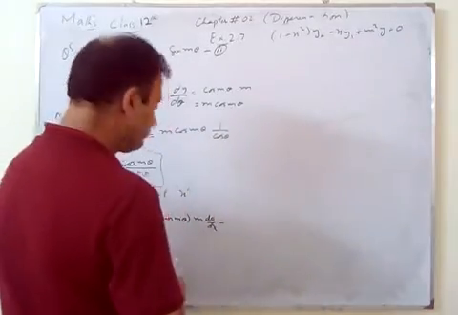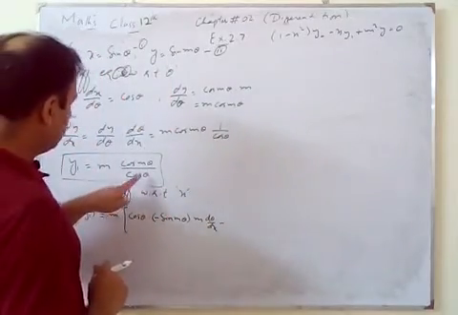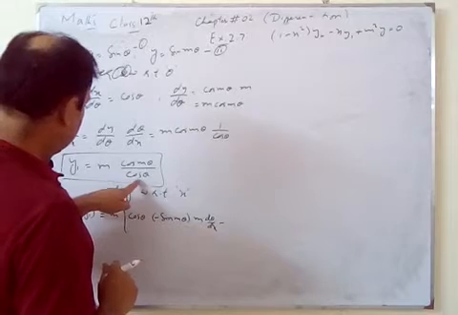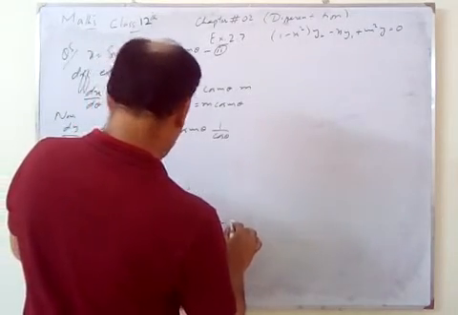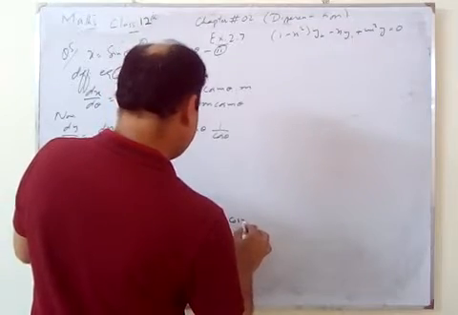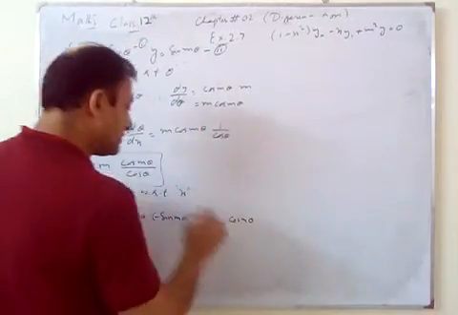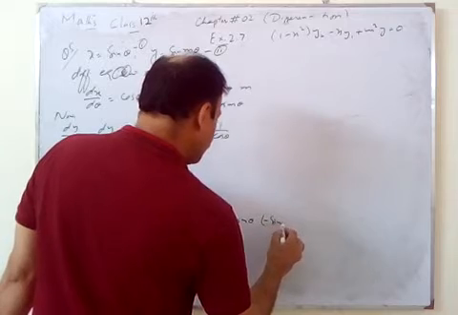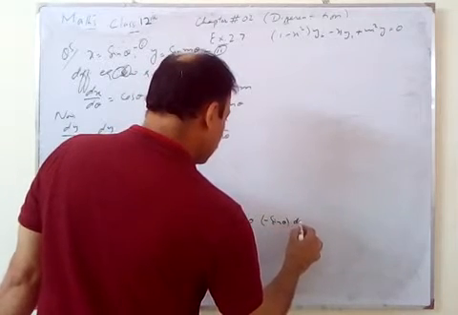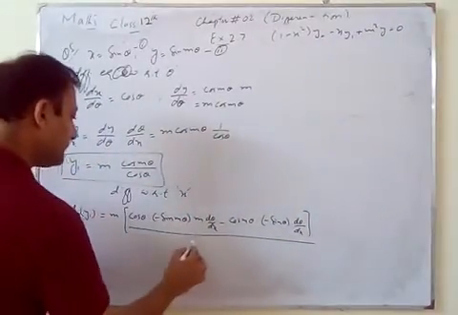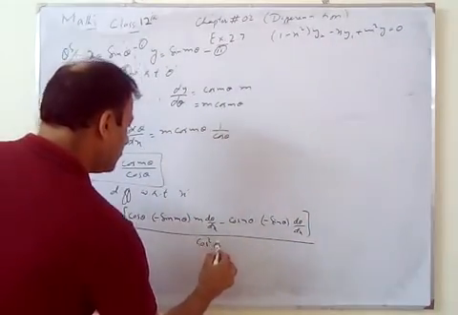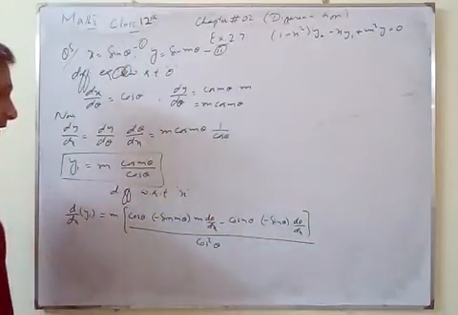minus cos m theta into the derivative of cos theta, that is minus sin theta into d theta by dx, whole divided by cos square theta.